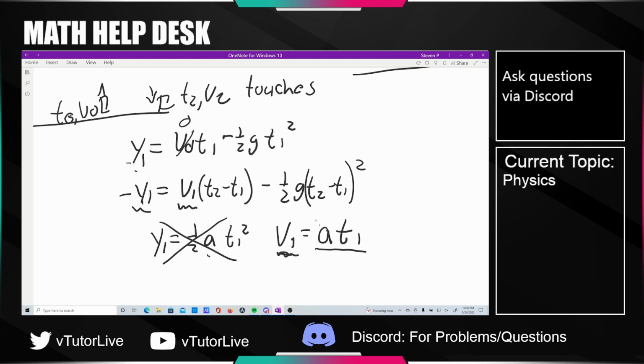We could maybe plug in V1 over here. And at this point, I don't know why I wrote 1/2 g squared. This should be 1/2 at squared. My bad. You see what I mean? I accidentally assumed that it was accelerating under gravity, which makes no sense.